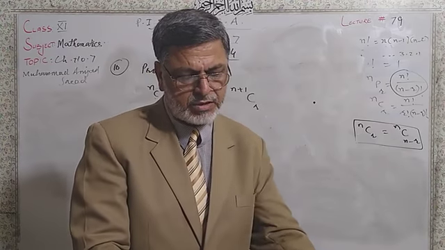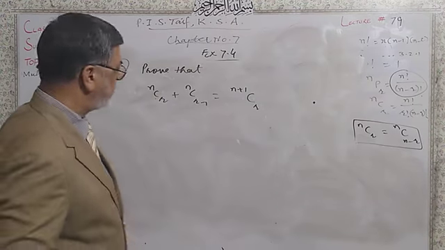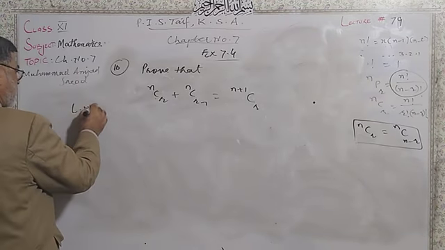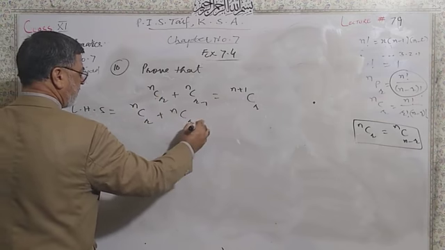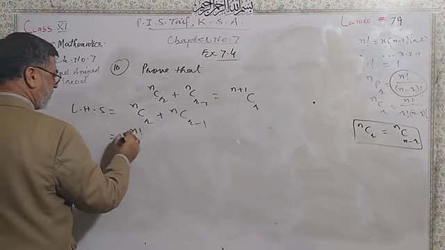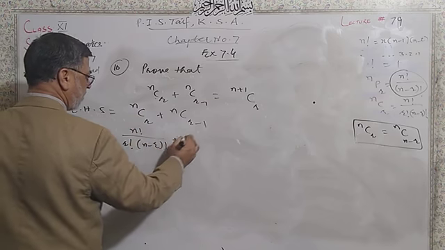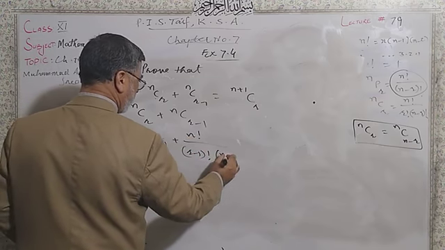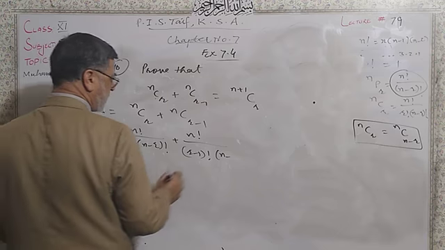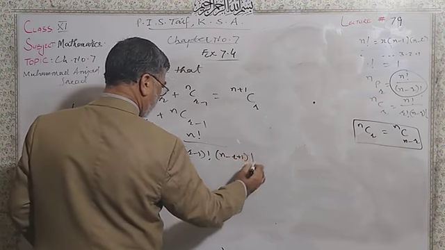Dear students, now you can take your left hand side. Left hand side is nCr plus nCr-1, that is n factorial over r factorial into n minus r factorial, plus n factorial over r minus 1 factorial into n minus r plus 1 factorial.